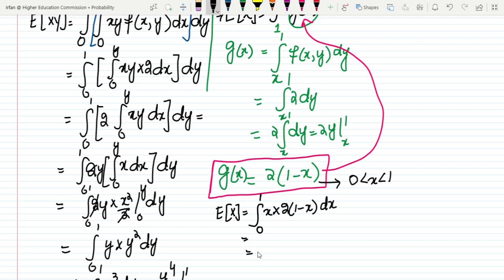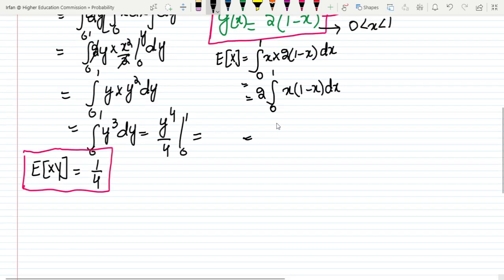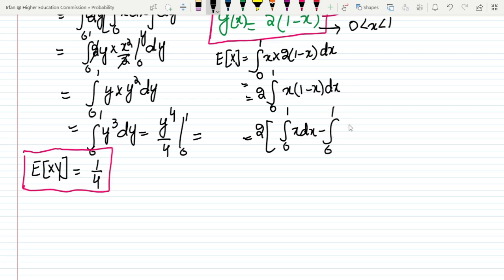Okay, so let me write them here. It will be 2 outside, and inside of it we will have x multiplied by (1 minus x) dx. Let me calculate it, and here it would become 2 times the integral from 0 to 1 of x dx minus the integral from 0 to 1 of x squared dx.